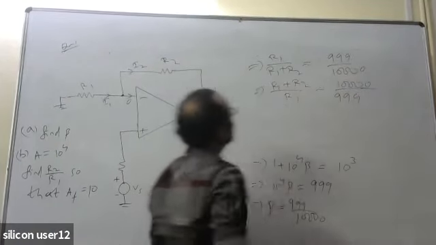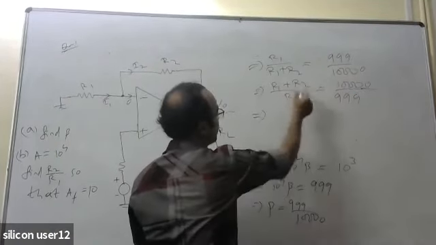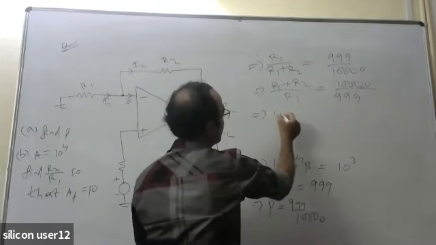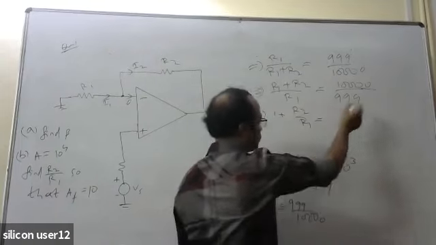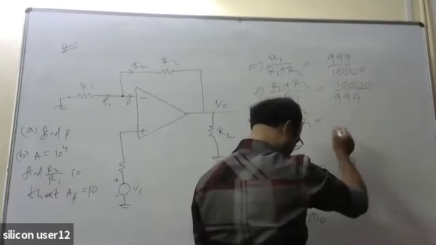So this is equal to 1 plus R2 by R1. So this value is equal to 1000 by 999.